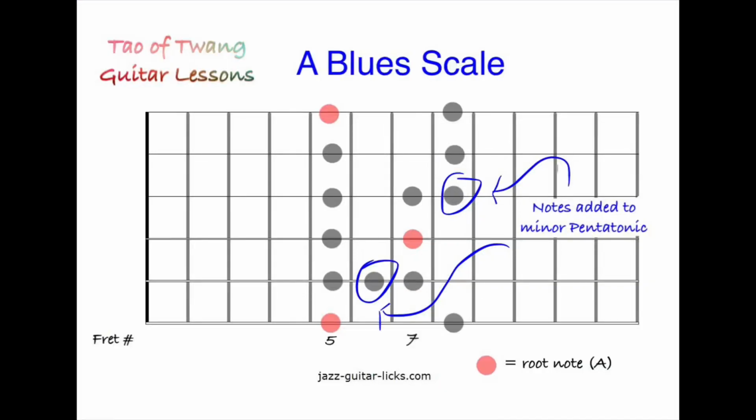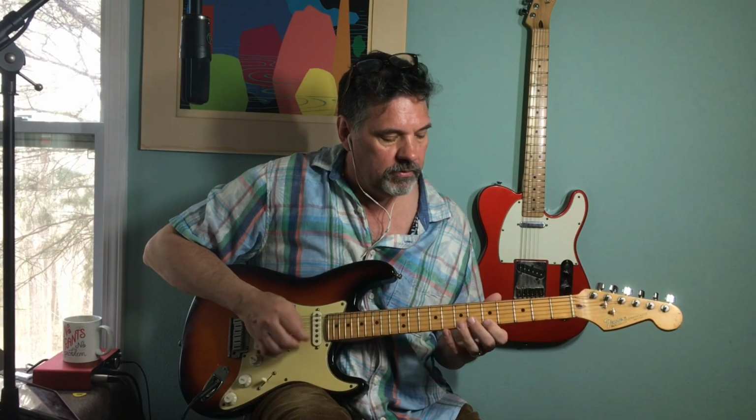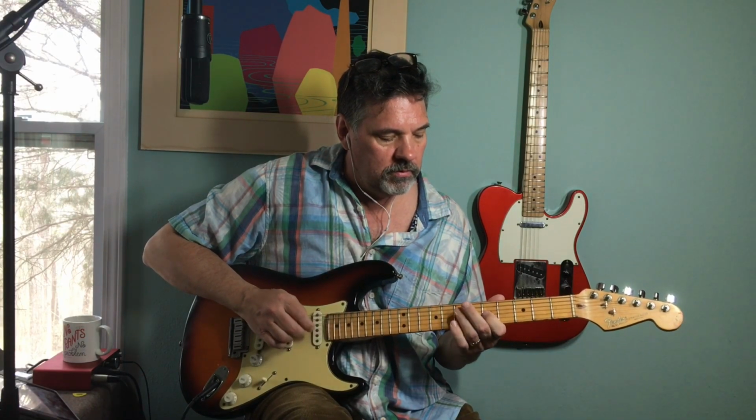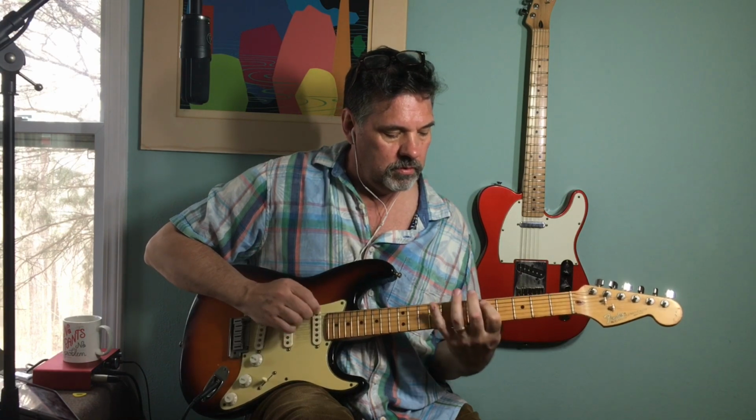In your mind's eye, picture that A minor pentatonic, right? There's a couple extra notes in there, and I circled them in blue right there. So when you add those in there, it sounds like this. Okay? We call that the blues scale.